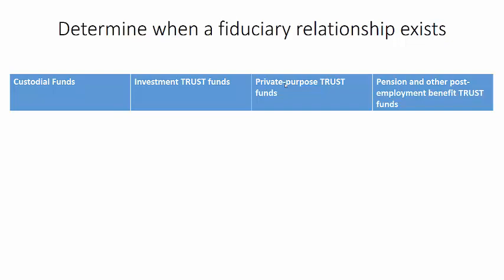And 2, the assets were not generated by the government in any transaction, exchange or non-exchange. And 3, the government does not benefit from the assets. All right, so if all those 3 criteria are met, because it's 1 and 2 and 3, then we do have a fiduciary relationship.